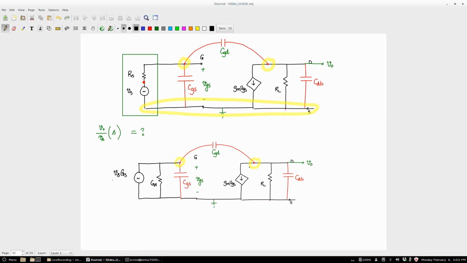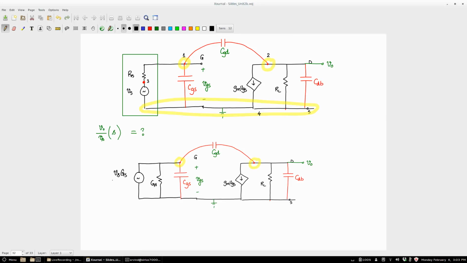I can number the nodes. So there is one node here, there is a second node here, there is a third node here, and all of this, the fourth node, which is the ground node, right? So we don't need to worry about the ground node. Can we eliminate this third node?